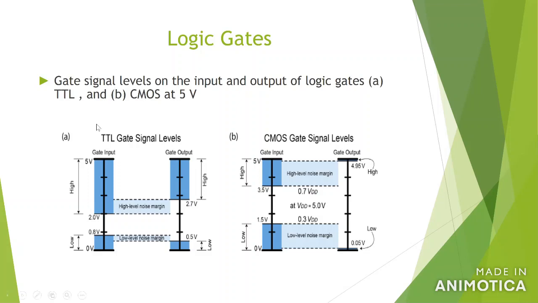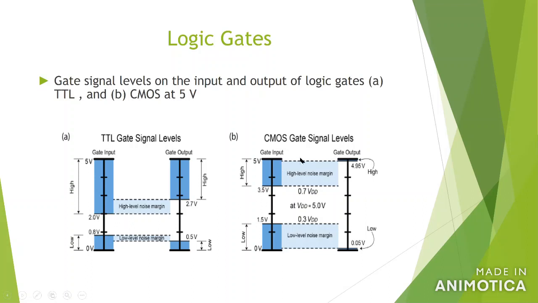For a TTL gate, an input from 2 to 5 volts will be considered as logic high, logic 1. From 0 to 0.75 will be considered as logic 0.